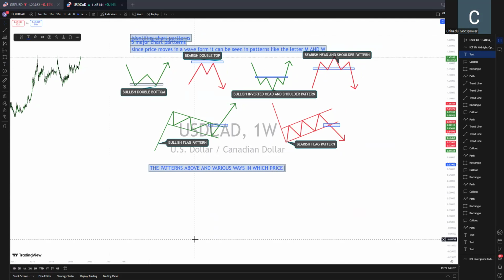Let's put brackets. Candlesticks. Those are brackets. Moves. Okay. All right. I think this is better. This is nice.